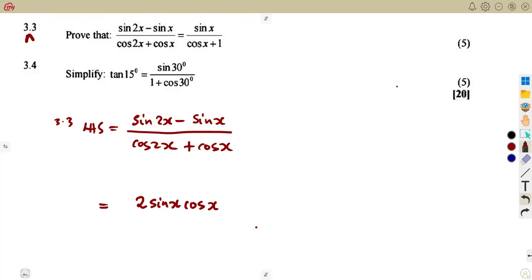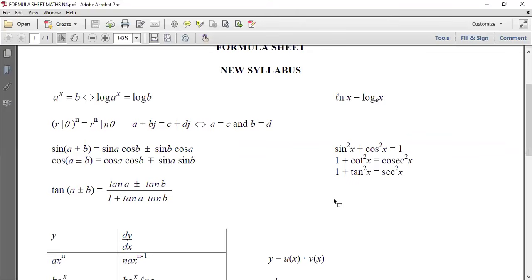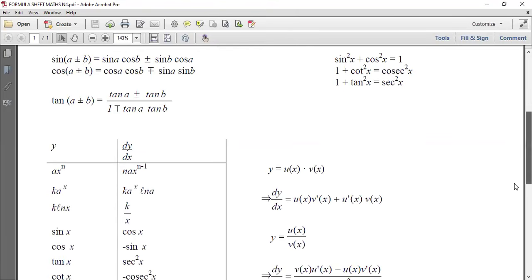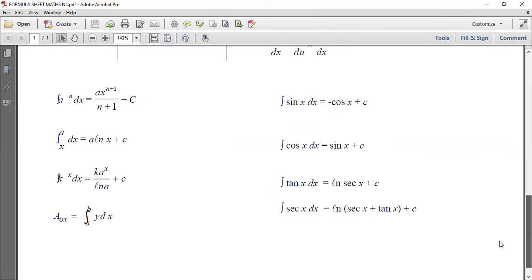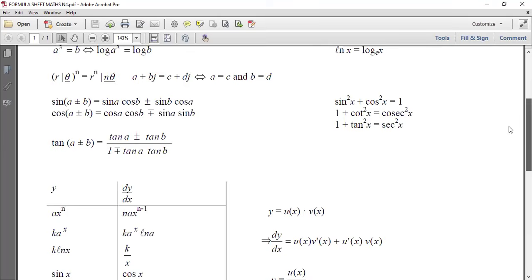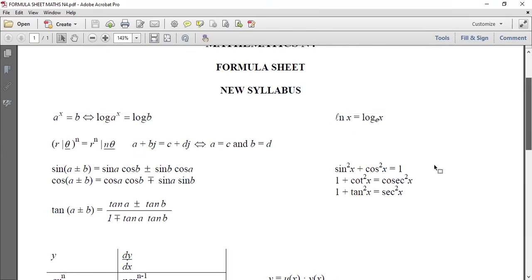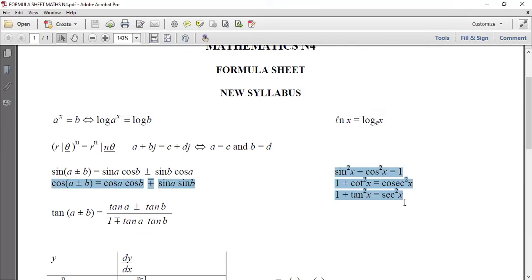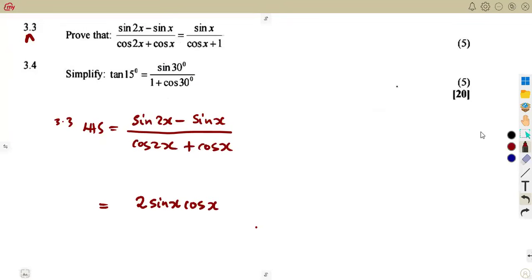So I want us to see here. They gave us, is it N5? So it's in N5. In N4, guys, you're not given this, sorry for that. You're only given this and also this part, so that's for you to know the double angle. For the double angle, you're supposed to know your double angle identities.